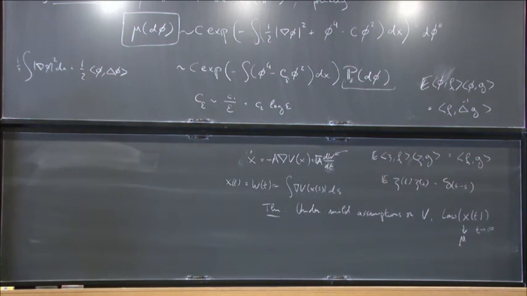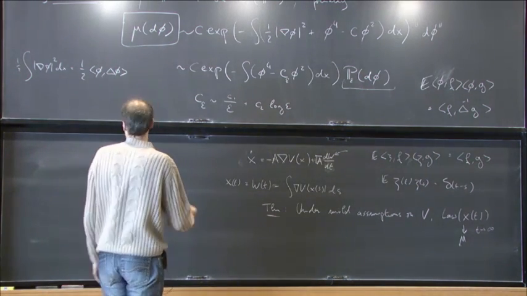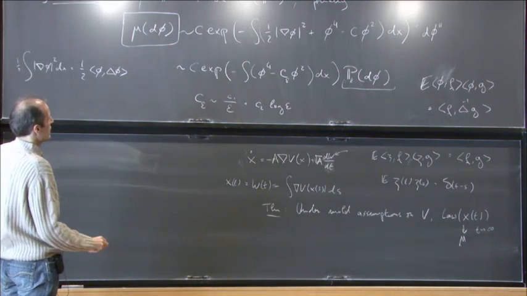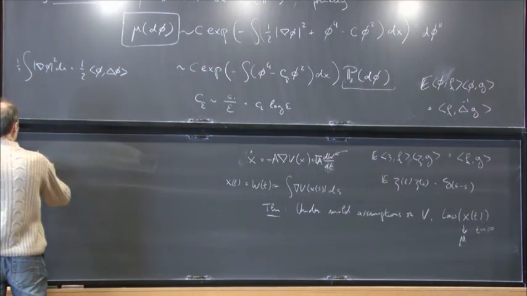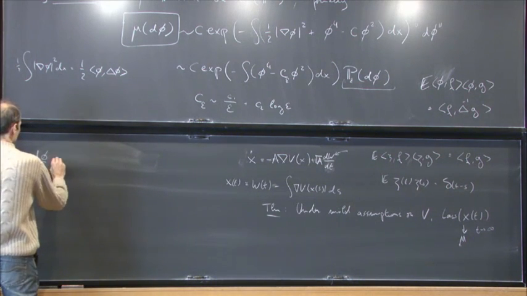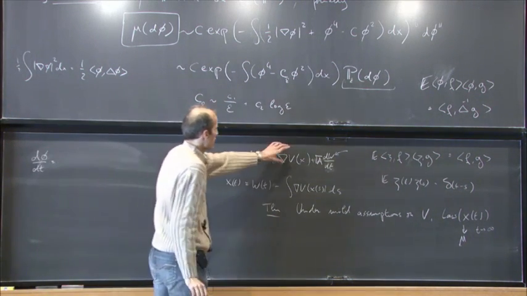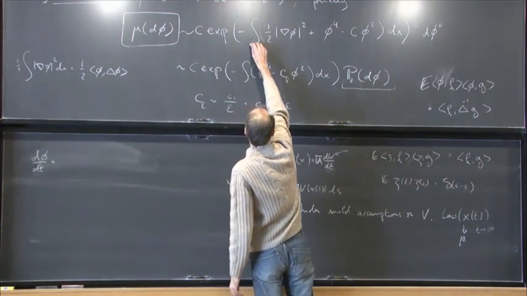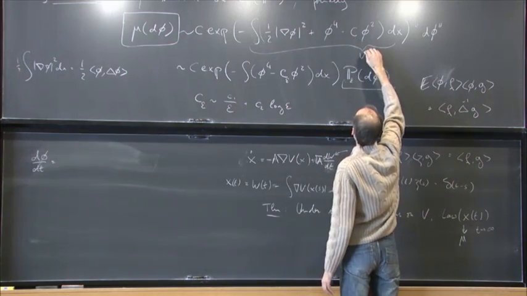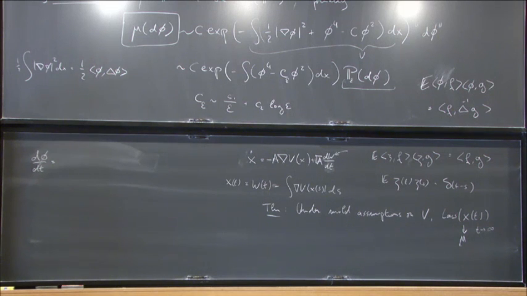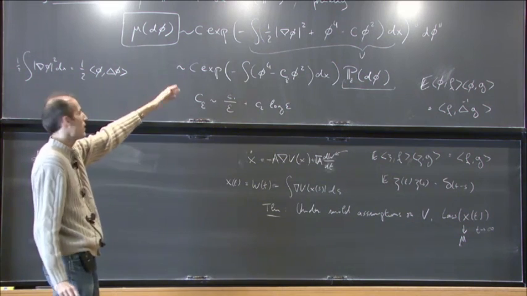So what do you get formally, right? So formally, if you try to apply the same procedure, well, now your d phi dt is equal to, so you have the gradient of v. So v, we should think of it as being this, right? So this is v. So if I take the functional derivative of the first term with respect to phi, what do I get? So I have this gradient phi square.